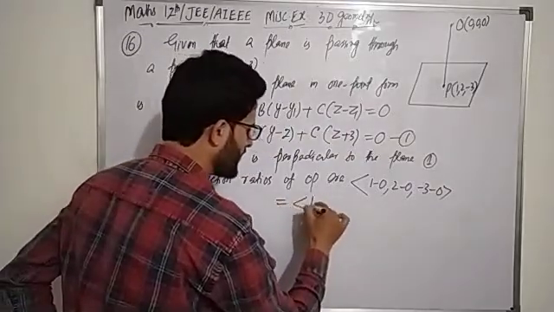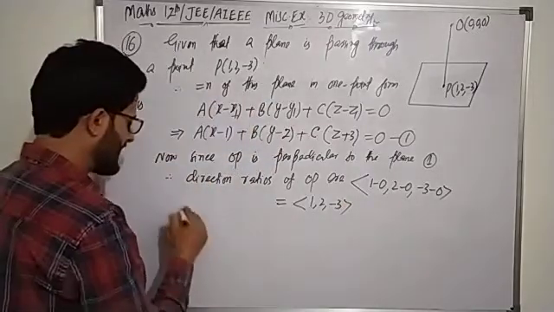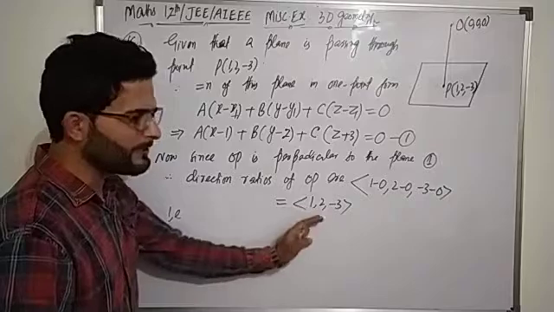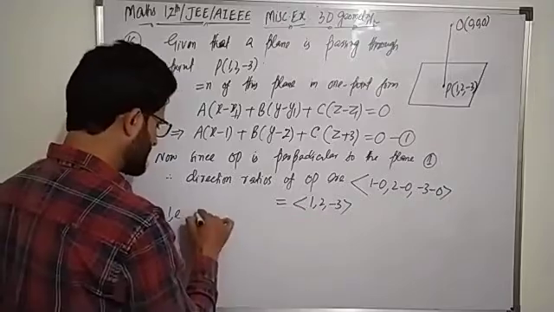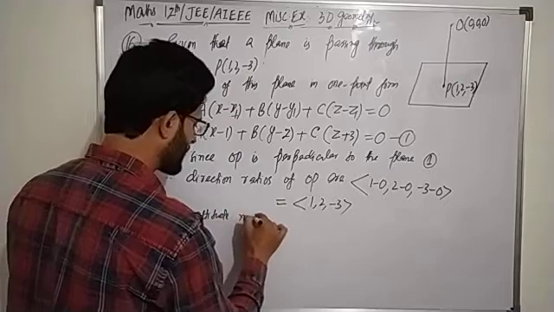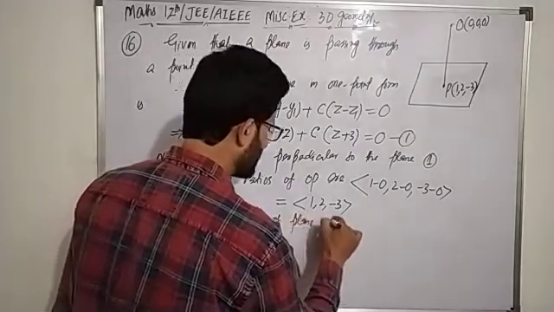That's equal to ordered three tuple of 1, 2, minus 3. दैट इज ये डायरेक्शन रेशियोज नॉर्मल के हैं, परपेंडिकुलर के हैं, तो यही बनेंगे एटीट्यूड नंबर्स दैट इज एटीट्यूड नंबर्स ऑफ प्लेन फर्स्ट आर.